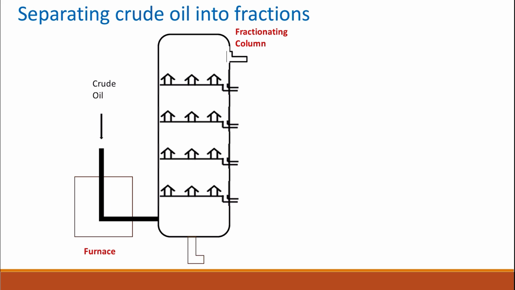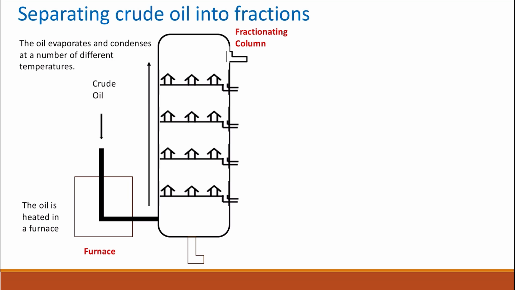The crude oil is fed into the furnace where it's heated to a very high temperature, and then the different components within the crude oil start to boil and go through the fractionating column. In the fractionating column, the oil evaporates and condenses at a number of different temperatures, because the fractionating column has different temperatures, and the temperature is lower as we go up the column.